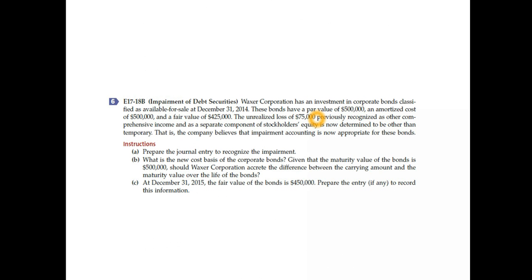Now it's December 31st, 2014. We're inspecting these accounts. We look at the value of the bond and we realize, oops, that bond declined in value from $500,000 to $425,000. That decline is other than temporary. So as a result, the bond is deemed impaired, and we have to recognize an impairment loss for these bonds.